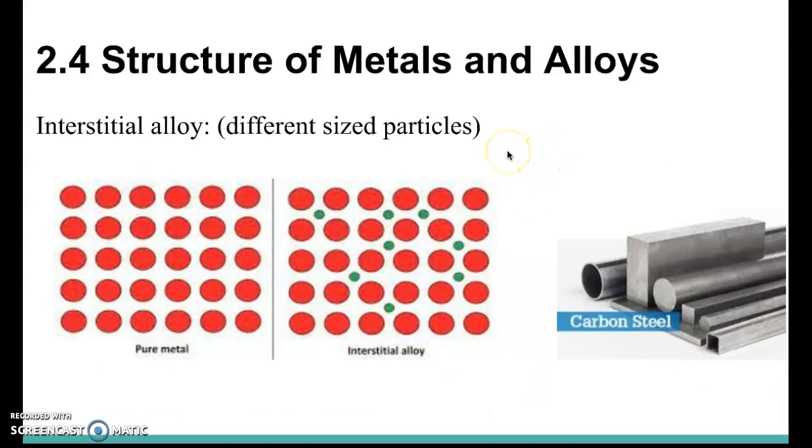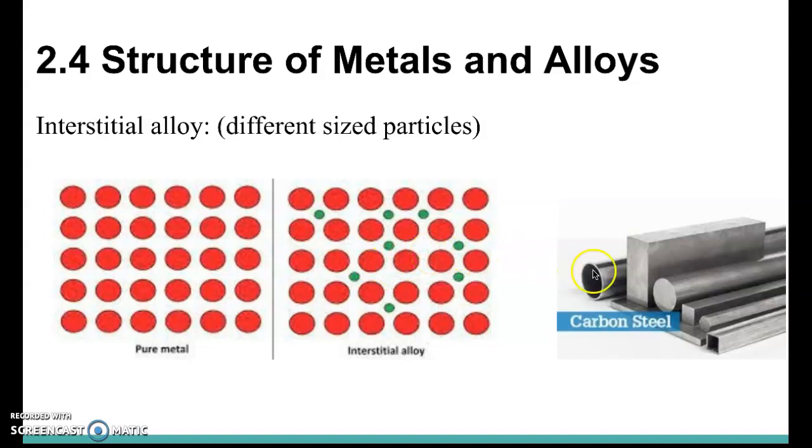The other type of alloy is called an interstitial alloy. That's where you have different sized particles. If you take the pure metal, when you make an interstitial alloy, the smaller atoms will fit in the gaps between the original metal ions. So you need different size particles for this to happen.